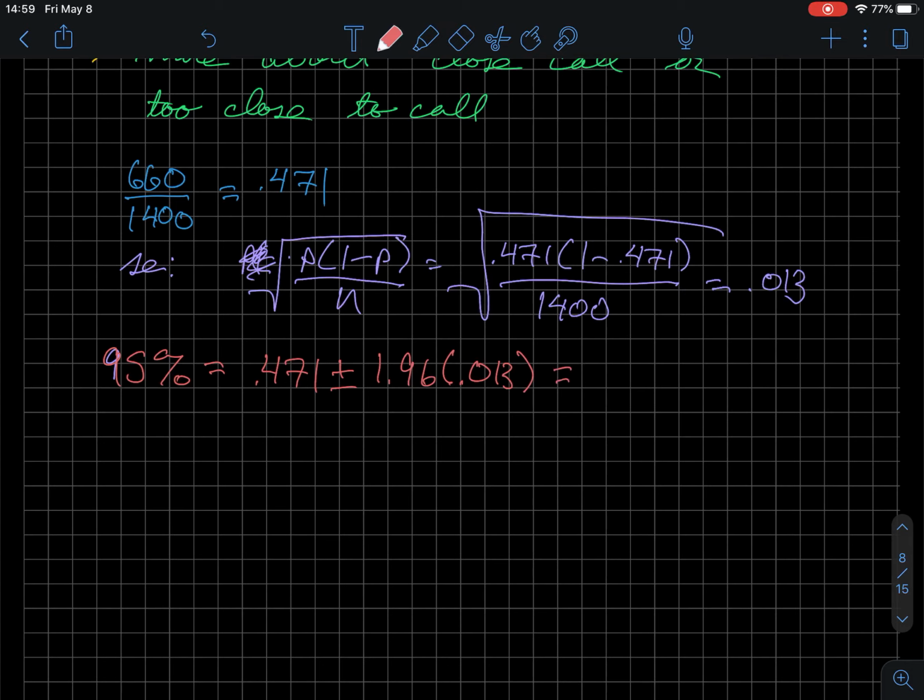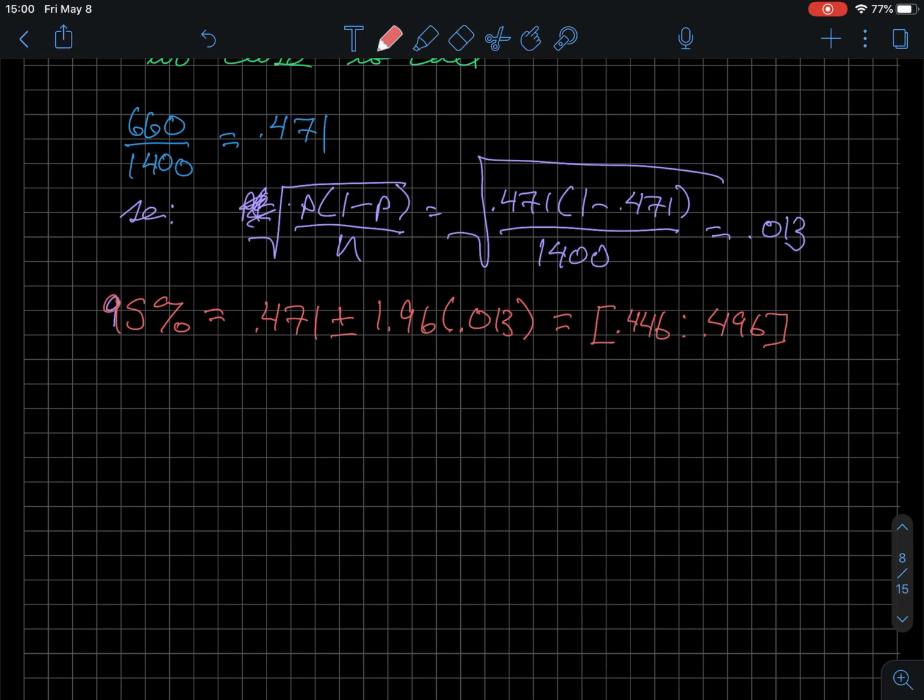And this is going to be bounded between 0.446 and 0.496. Now it's asking us, could we actually predict the winner? In this case, yes, because the CI is below the 50% mark. It doesn't cover it. So it seems the Democrat didn't receive more than half the votes.